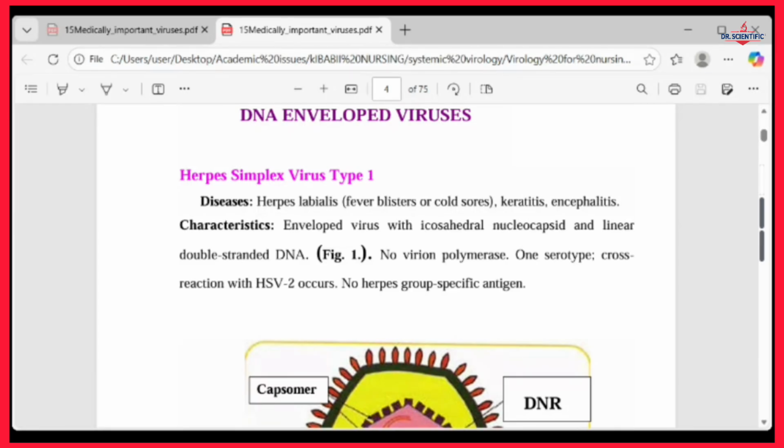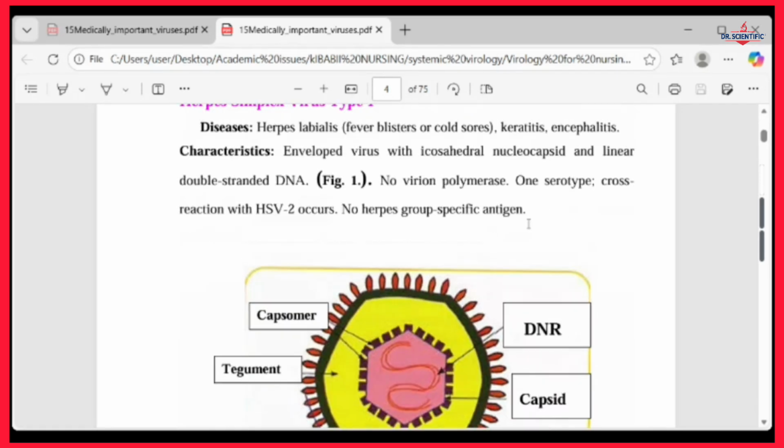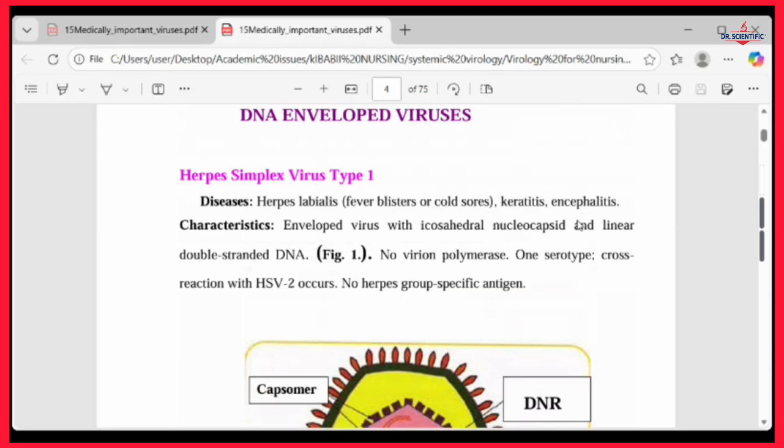So today we will continue to look at more diseases, and we want to look at what we call herpes simplex virus type 1.